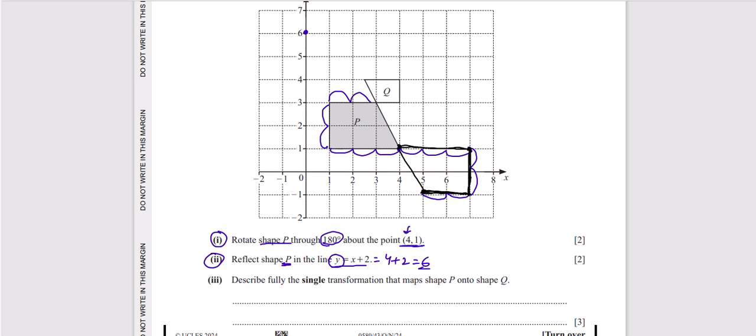Now put the value of y here: 1 is equal to x plus 2. The plus 2 moved to the other side becomes negative, 1 minus 2 is equal to x, and x is equal to minus 1. Here is minus 1.